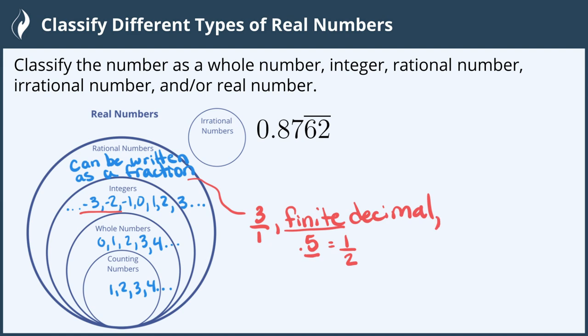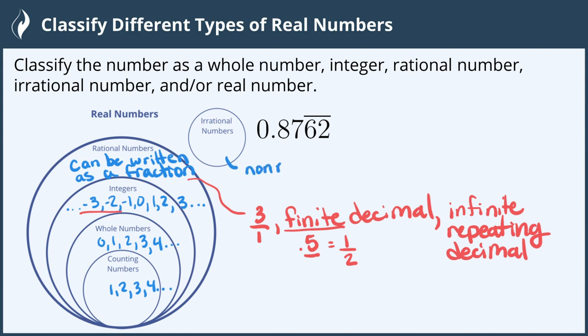Another way is an infinite repeating decimal. And the repeating portion can be a single digit or a group of digits. Our final group are the irrational numbers. These are non-repeating infinite decimals.